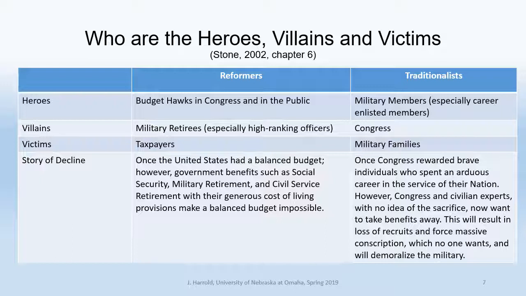We will be unable to retain people, and this is going to force massive conscription, which nobody really wants. Nobody wants to go back to the draft days, and it's going to demoralize the military. So in both cases, we have this story being told that unless you do something, Congress, or don't do something, even worse things are going to happen.